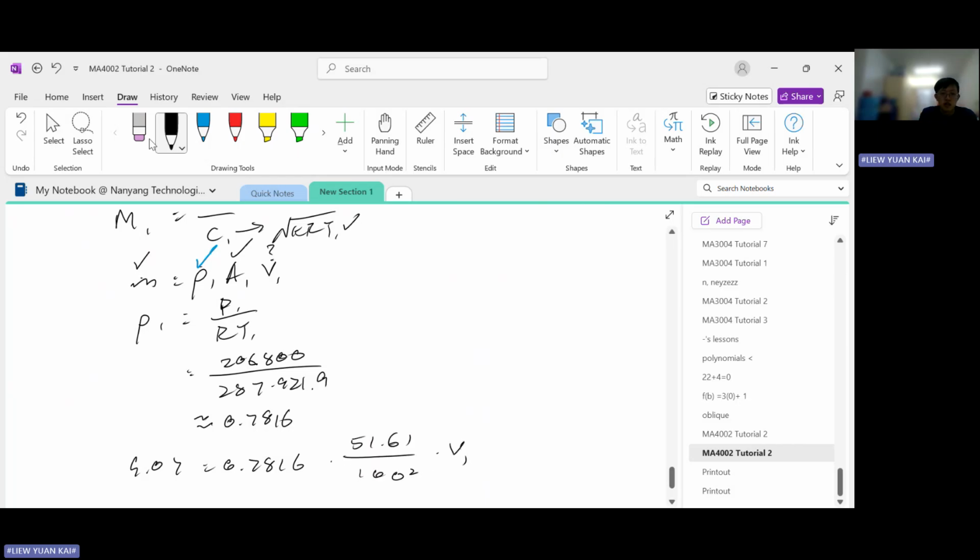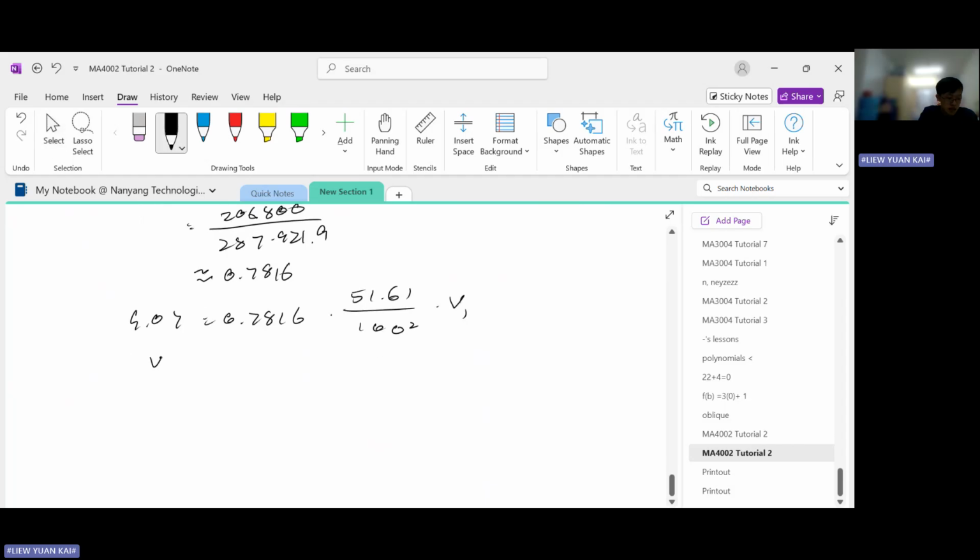Then V1 is your unknown. So V1 will be 2248.48 meters per second. Finally, we can calculate the Mach number. So take the flow velocity divided by the speed of sound, so square root of K R T.